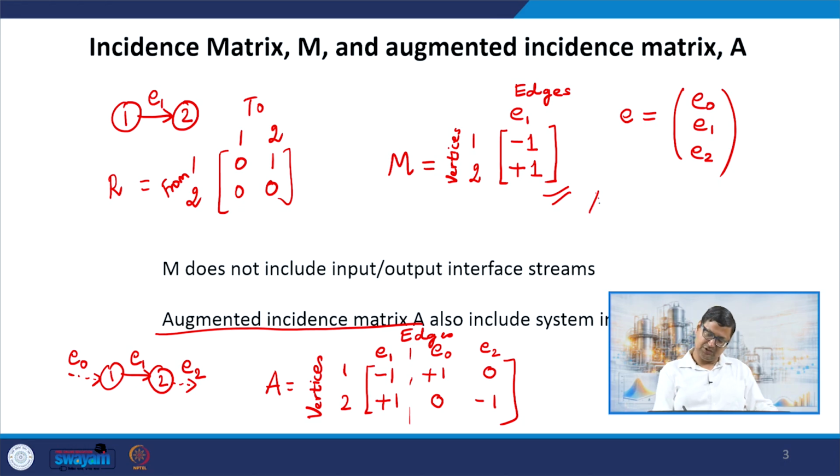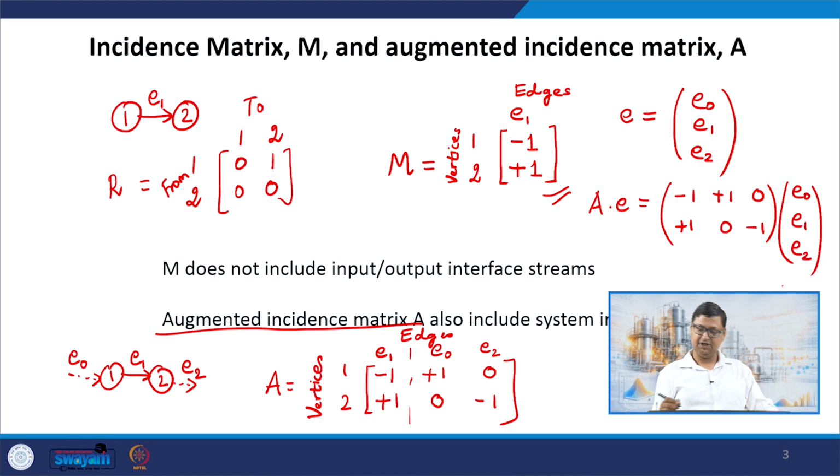Now if I do this, A dotted with E, what I am going to get is the following. We have -1, +1, 0, +1, 0, -1, and that dotted with E0, E1, E2.